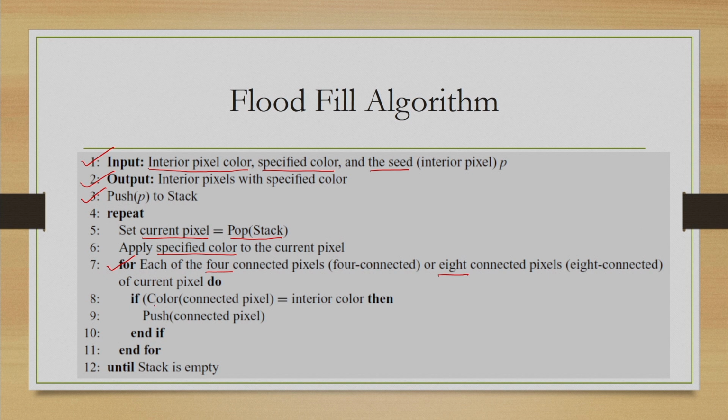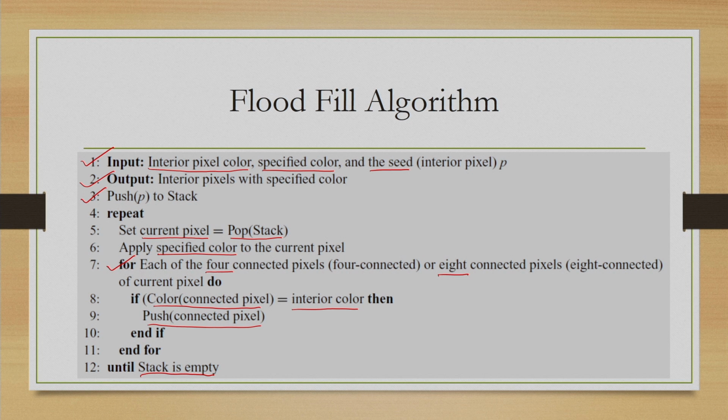Here we check if the color of the connected pixel is the interior color. Only in that case we push the connected pixel, because here we cannot check for boundary color, there is no boundary specified. And then we continue like before till stack is empty.